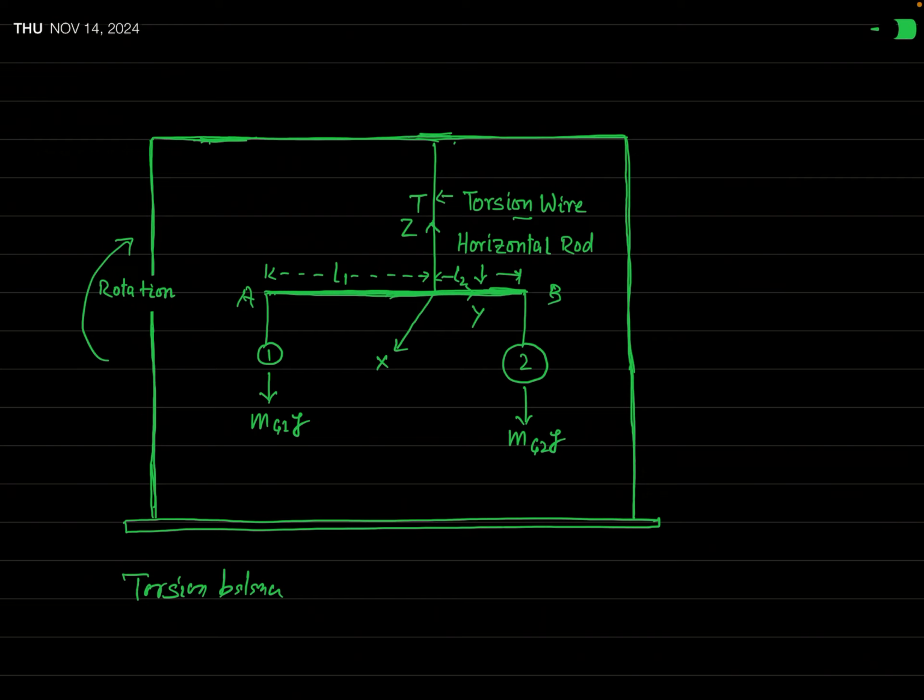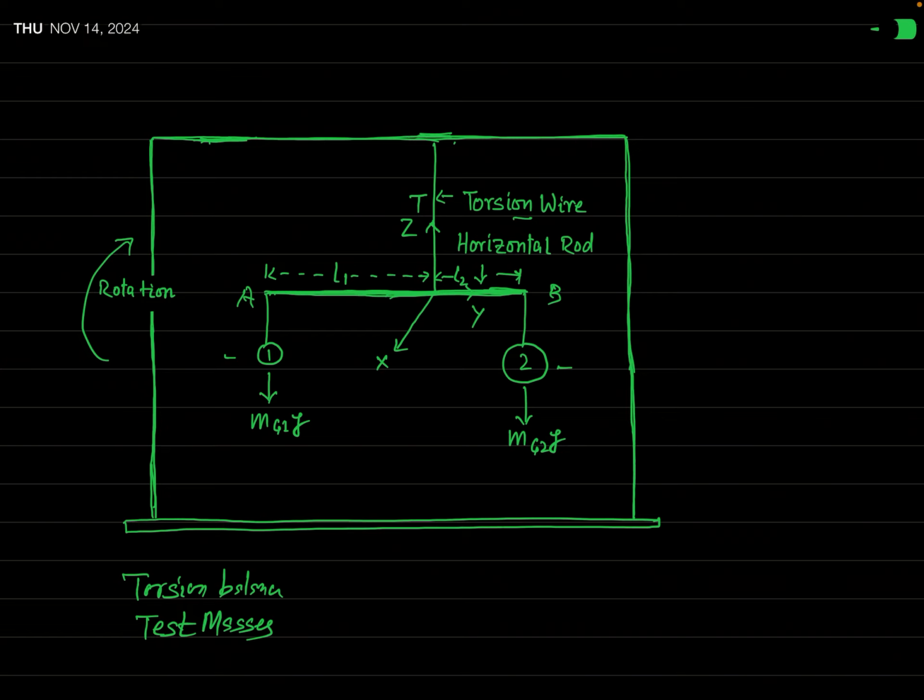Now another part of this apparatus is the test masses. As I have told you just now, this 1 and 2 are the test masses. Okay, and these test masses are suspended at the two ends of the horizontal rod. These masses are made up of different materials like copper, platinum, or you may also take water-filled containers. Okay, and they are attached at the two ends of this rod. Okay.